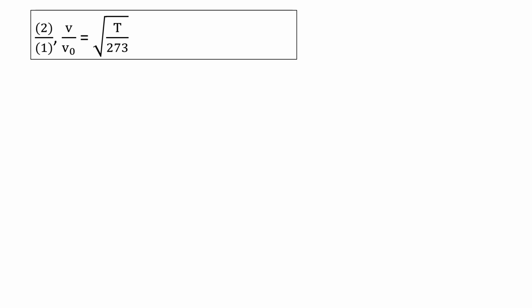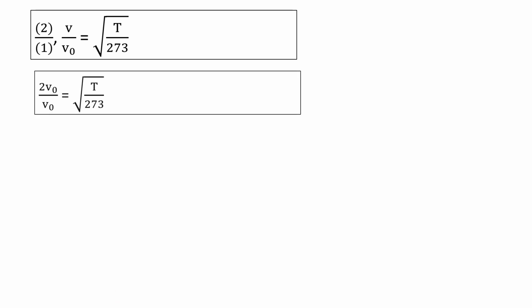On dividing second equation by first equation, V by V0 equals root of T by 273. Instead of V, we can write 2V0. So 2V0 by V0 equals root of T by 273.